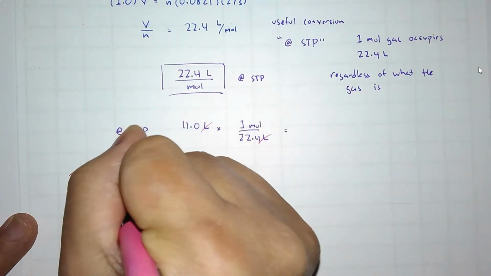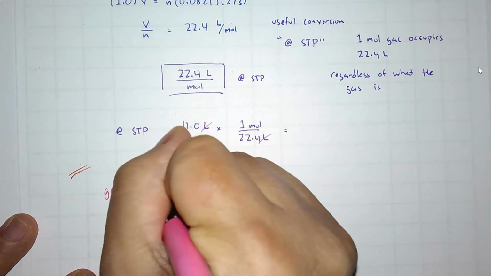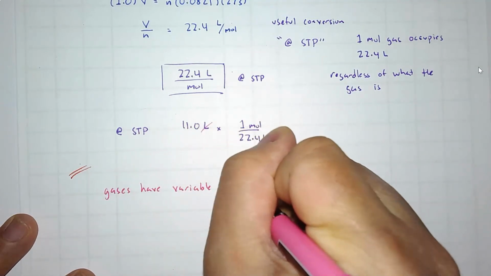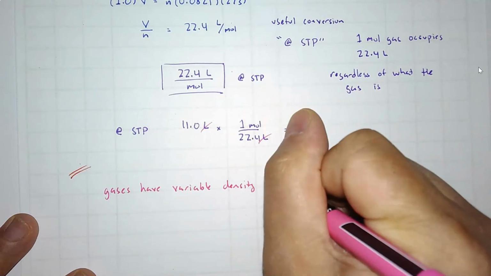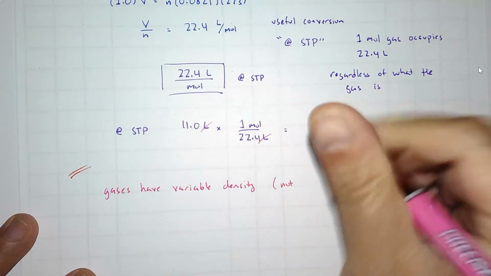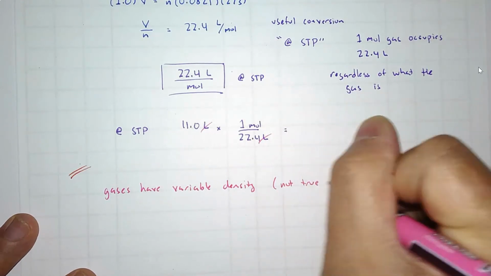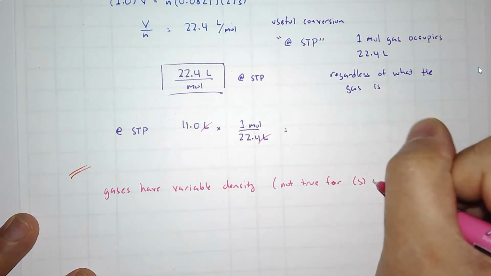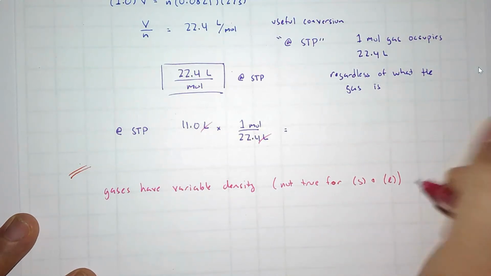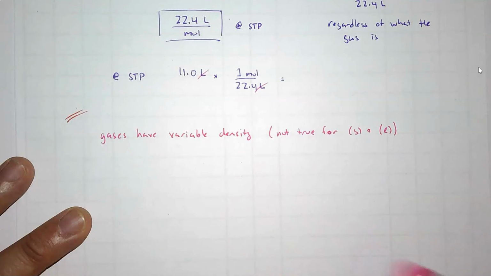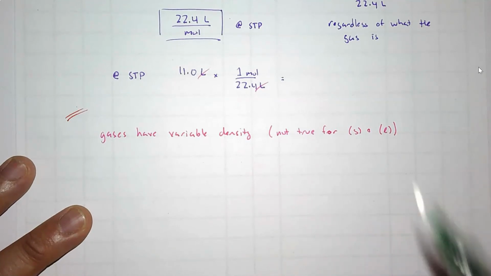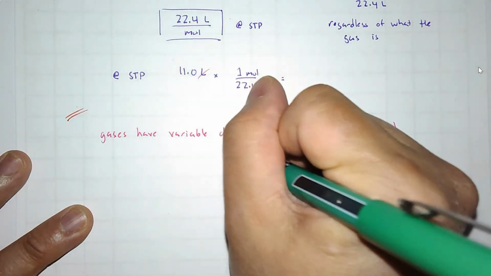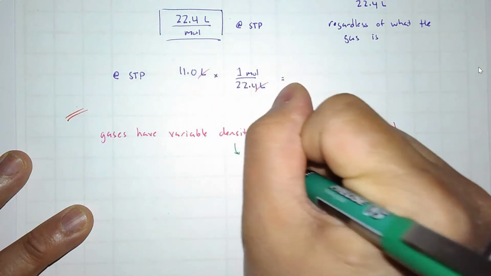So gases have variable density. That's not true for solids and liquids. That's because gases are compressible, or they expand to fill up a volume of the container, and so the volume is variable.